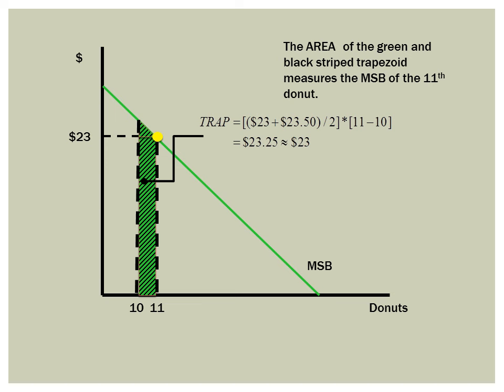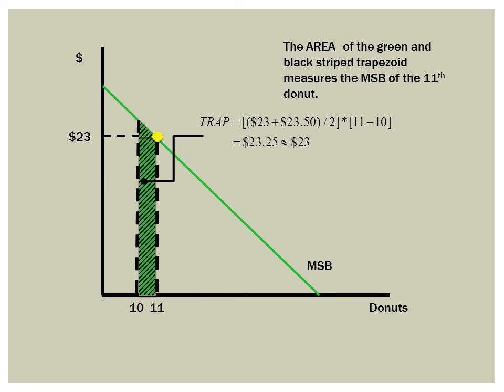And then you can see there's a trapezoid that is striped green and black. And the area of that trapezoid measures the additional benefit, or what we call the marginal benefit, of moving from 10 to 11 donuts.